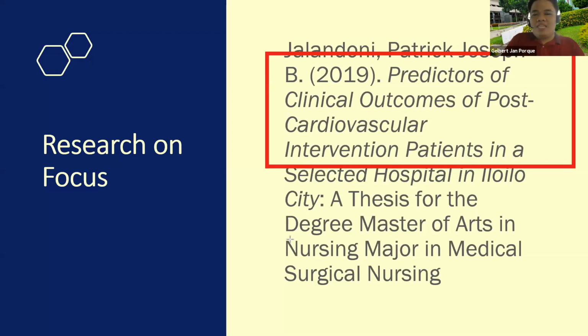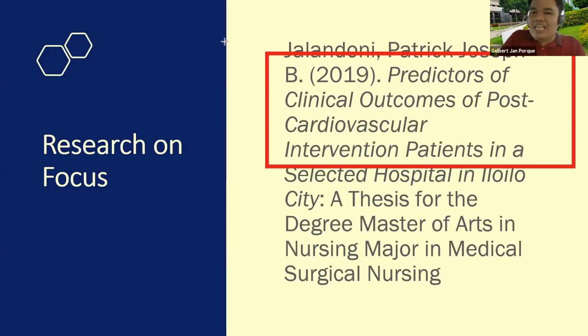What do we mean by that? For example, if you have patients who are very old, who have bleeding tendencies, or who have a lot of comorbidities, the cardiovascular intervention might not help your patient. It might be the fastest way for your patient to rest in peace. Meaning, before our patient undergoes cardiovascular intervention, the doctor would first evaluate if the patient is suitable for it.